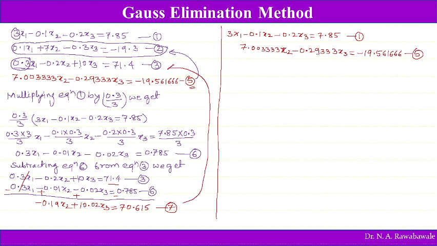Now equation number 3 is replaced by equation number 7. So this equation number 7 comes here.